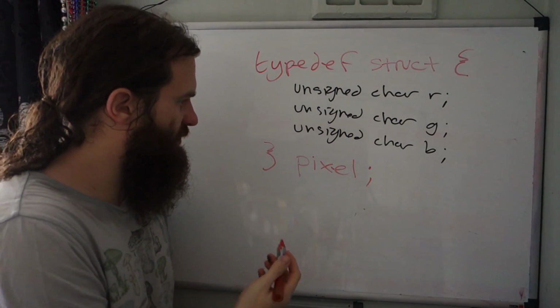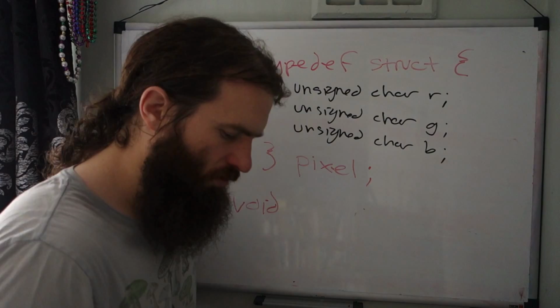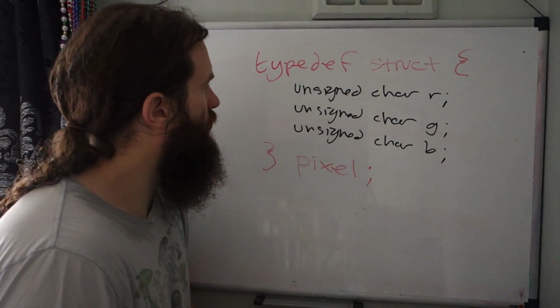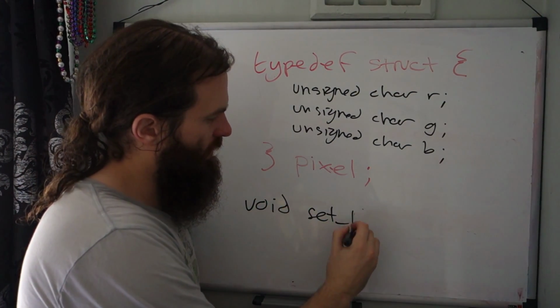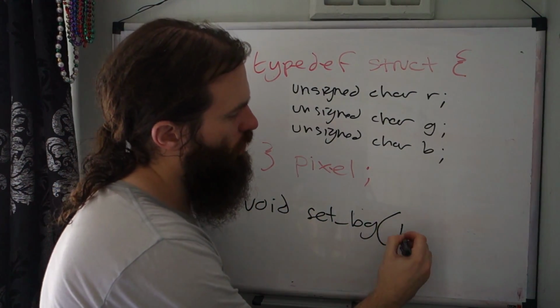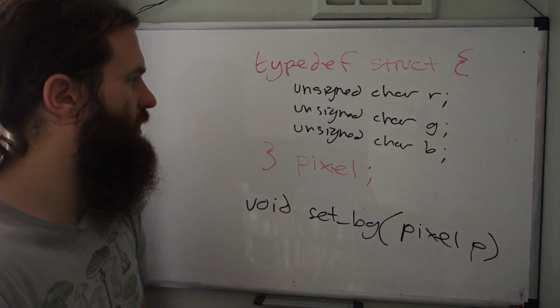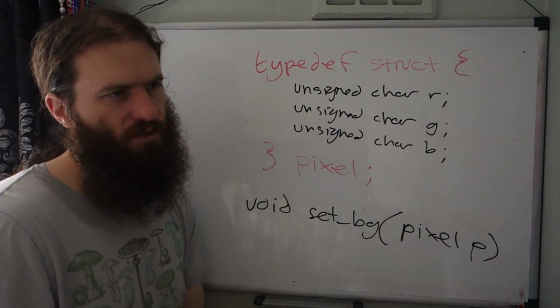This then allows us to write a function definition for set background, if we use the same one, where we have void set_bg, and we can just put pixel p, because pixel is a new type, and that's more readable than having to put struct pixel everywhere.